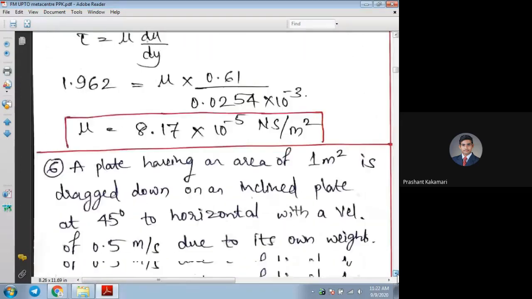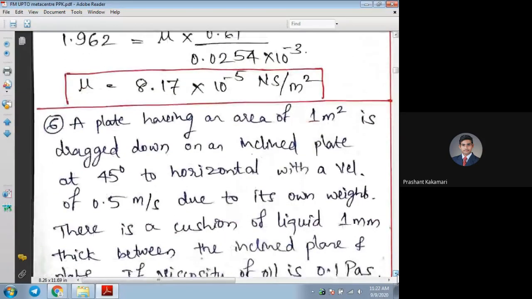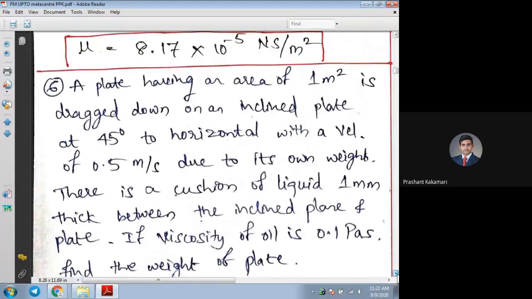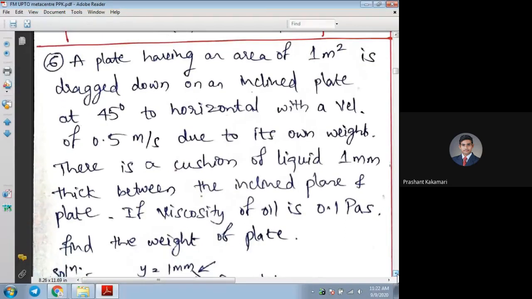So next problem. First I'll read the question and we'll understand what is given, what is asked. A plate having an area of 1 meter square. Now see here, area is given.